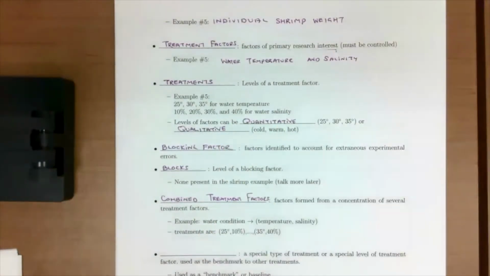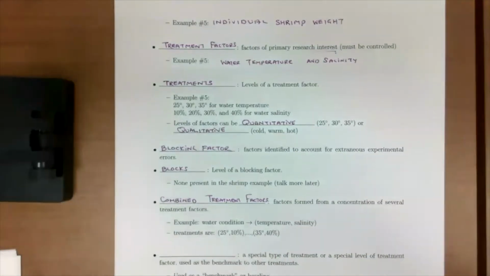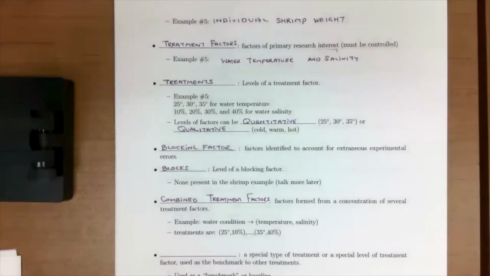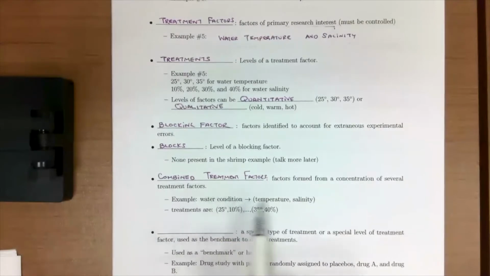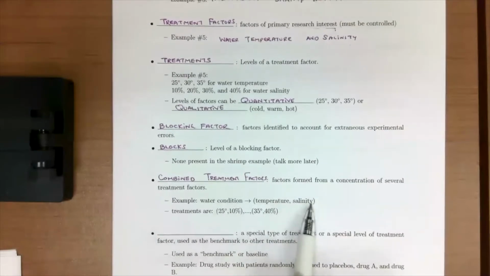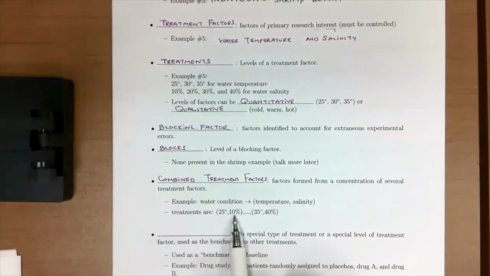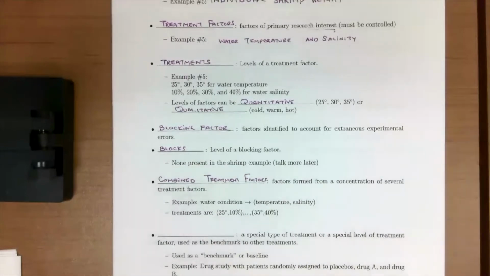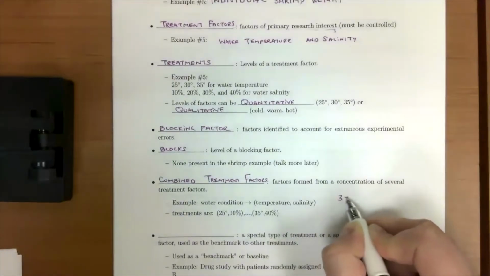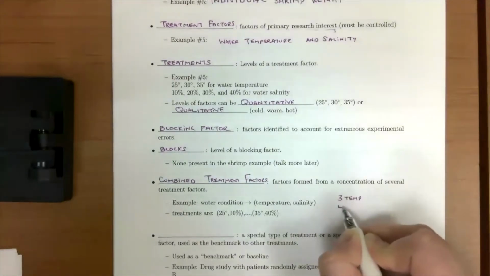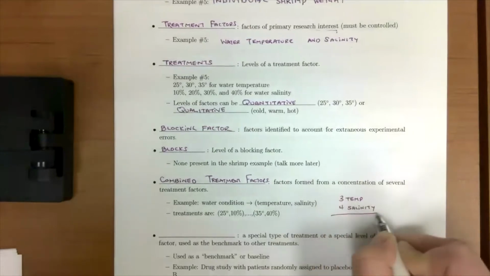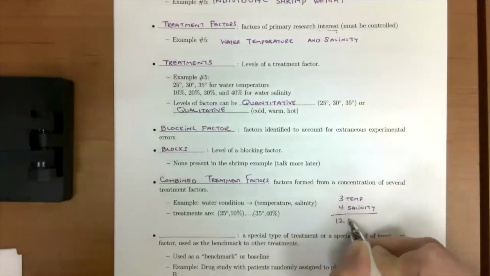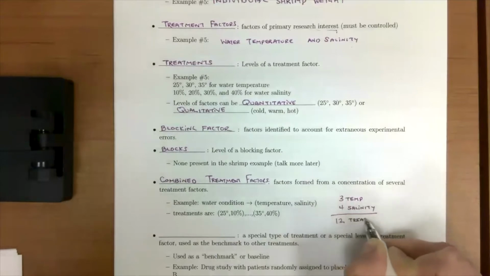If we did the combined treatment factors, and we were just looking at the water condition, it would be combining the temperature and saline. So we would have 25 degrees and 10%, and we would have the different combinations. So in this case, because we have 3 temperatures and we have 4 salinity levels, we'd have a total of 12 treatments.